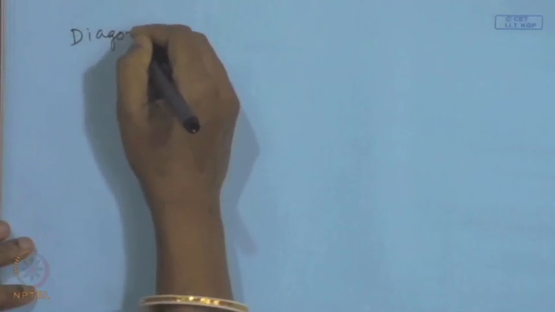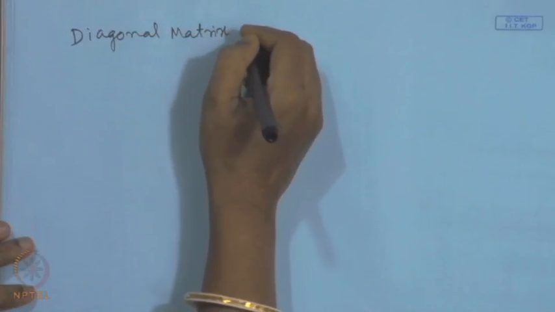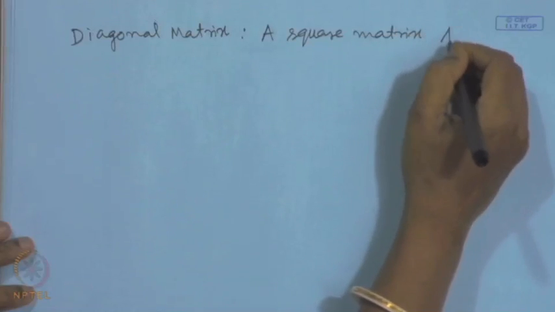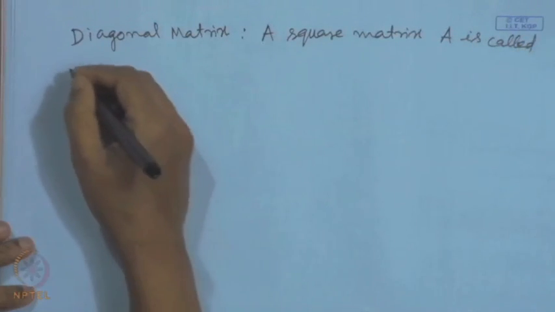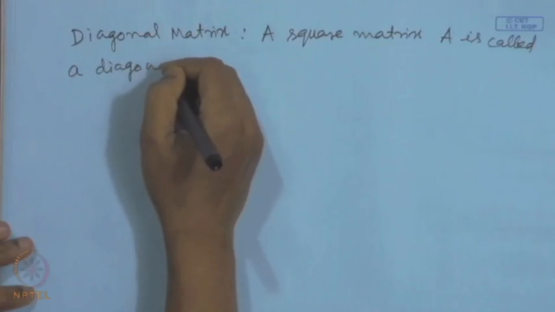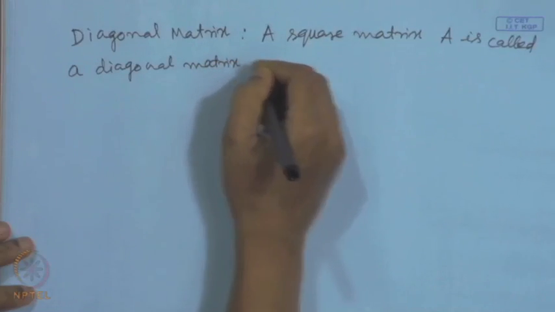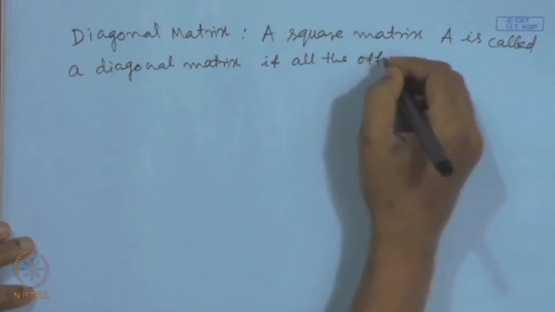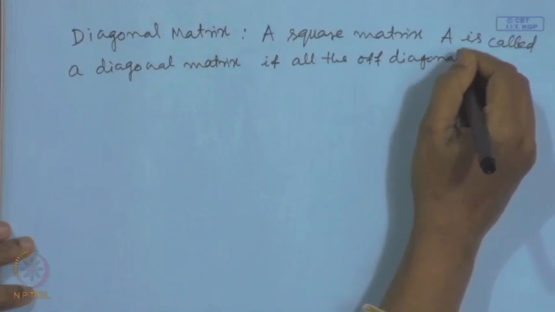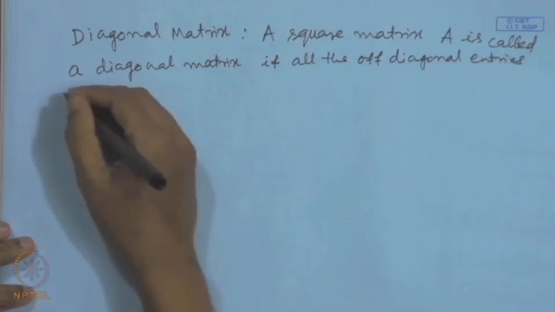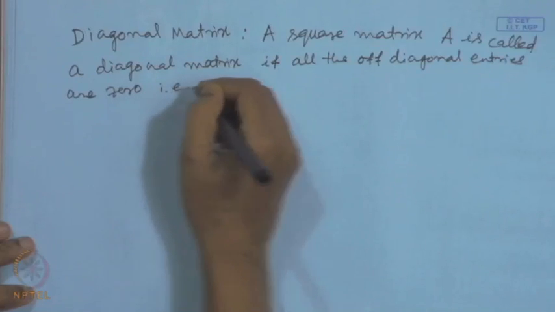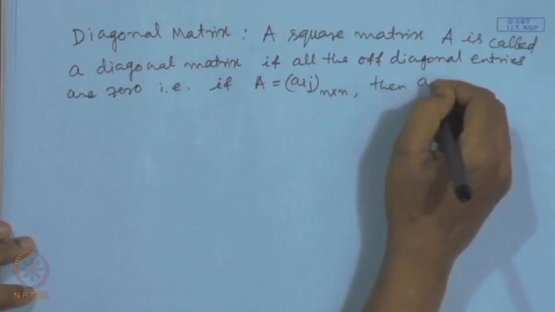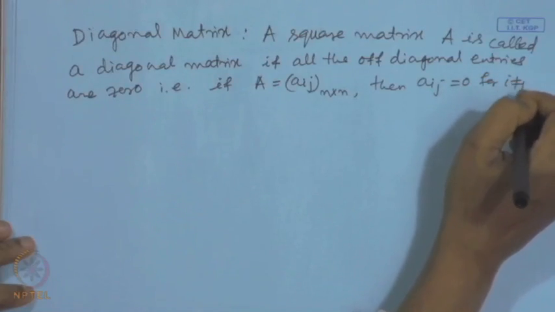A square matrix A is called a diagonal matrix if all the off-diagonal entries are 0, that is, if the entries of A are Aij, then Aij is equal to 0 for i not equal to j.